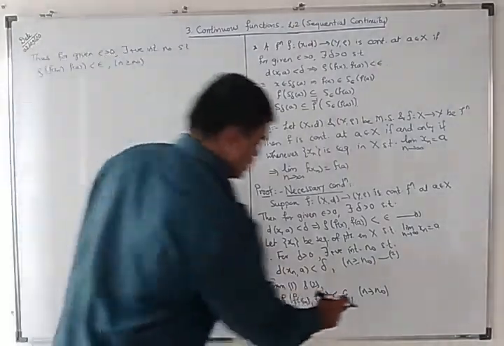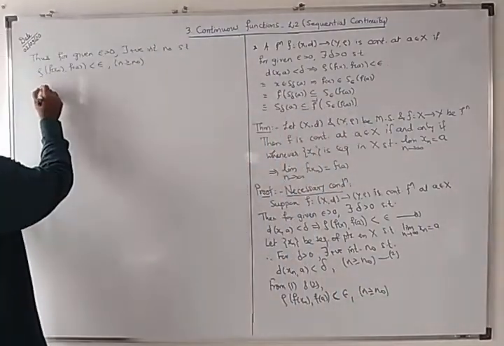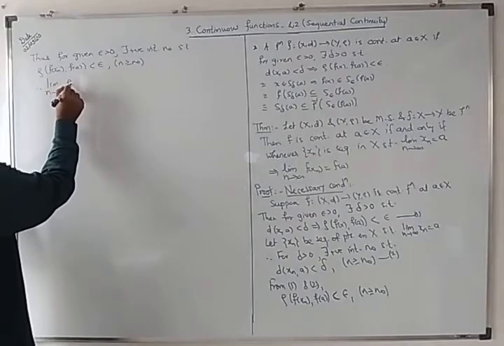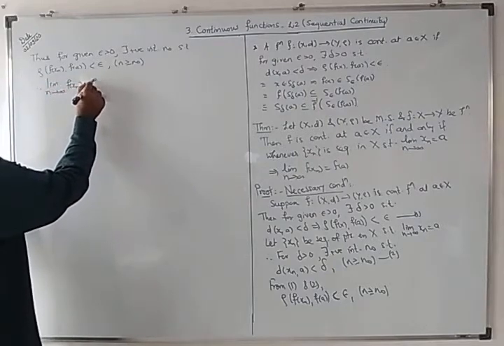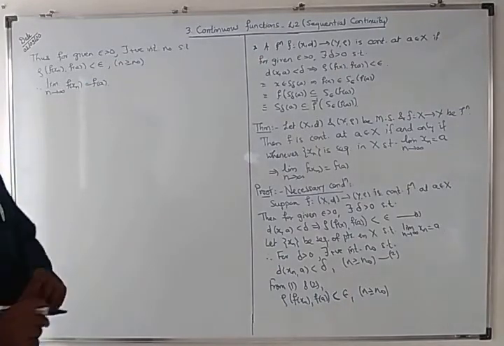Right? And therefore, limit n tends to infinity of f(x_n) is equal to f(a). So one way we prove the result.